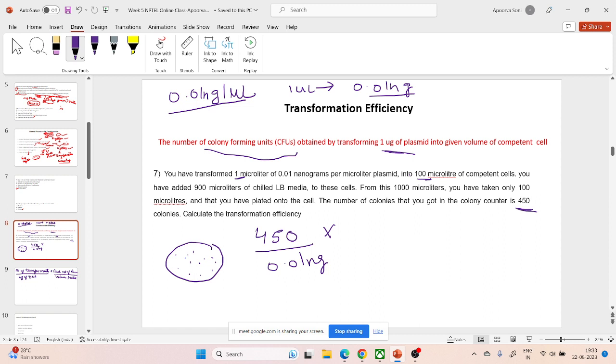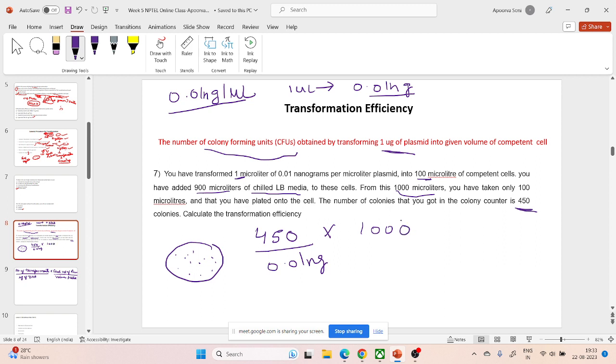So for recovery you add chilled media. You have added 900 microliters of chilled media, and 100 microliters of competent cells were present. So the final volume after adding the media for recovery is 1000 microliters.